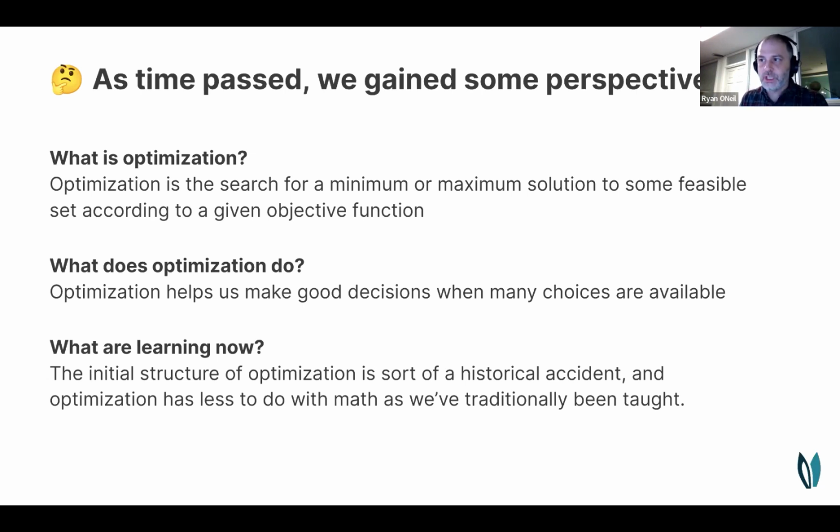And I think that's a key point in that optimization itself is not necessarily a mathematical field. It uses a lot of mathematics in different ways, but in and of itself, it is a field that tries to solve problems. And I think of it now as really just a set of strategies.